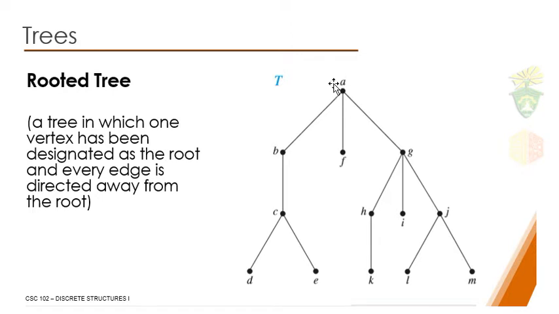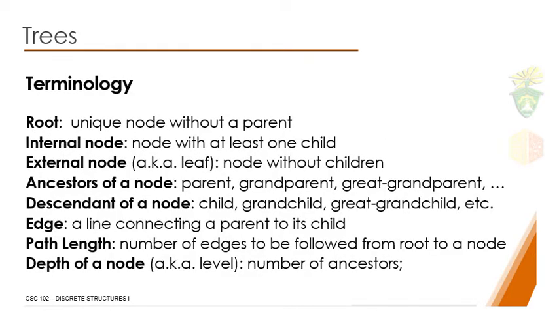From that vertex, makakita tag mga edges leaving that root. So muna ang mga children ni A, and the children of A, napod siya mga children and children of children. Okay? So, we will define mga terminologies, no?